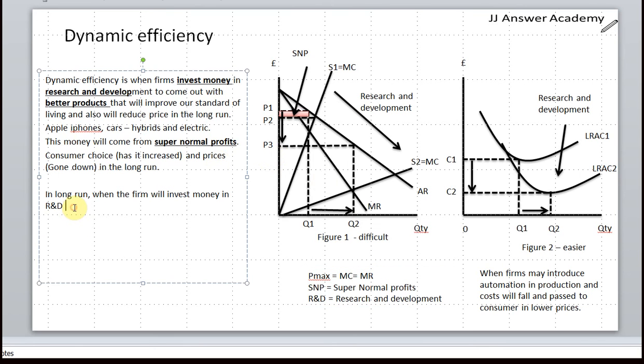So in the long run, when the firm invests money in research and development or automation of production, the LRAC shifts downward to the right, that's in figure 2.